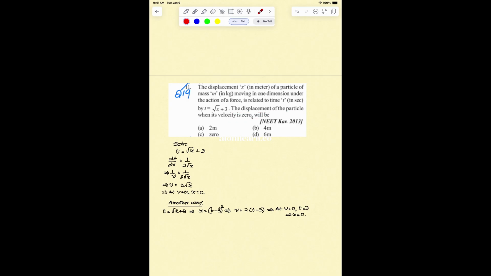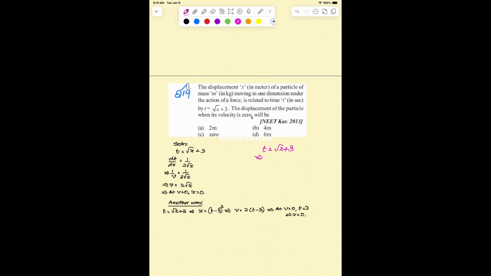Now, for example, if you want to convert this, because the function looks very simple, you can also convert it into a type A kind of problem by writing, because t equal to root x plus 3 is given.